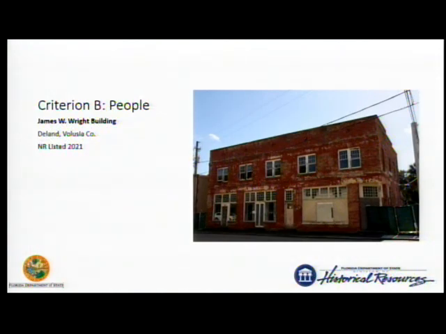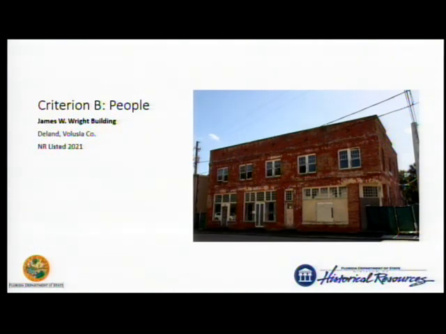A place associated with people is this building. This is the James W. Wright building in DeLand up in Volusia County. This building was constructed by a wealthy African-American entrepreneur in the 1920s during the height of segregation and activities of the Ku Klux Klan, and he was actually able to get a white architect and white builders to design and build this building for him, and he actually operated several successful businesses out of this.